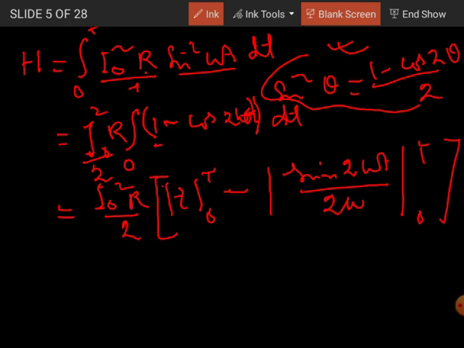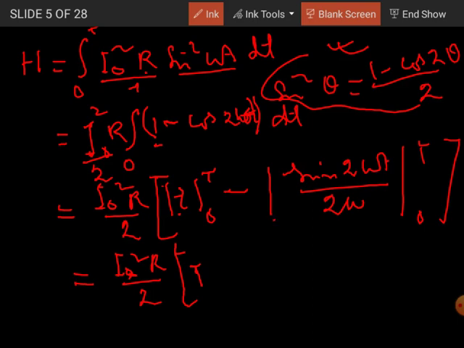So what happened? This will be equal to I naught square R divided by 2, and if you replace the variable by the upper limit minus the lower limit, that means capital T minus 0, so that capital T will be placed here, minus 0 is immaterial, so I will not put it.